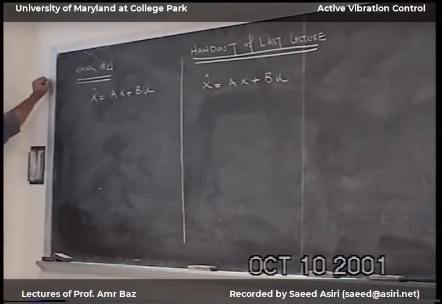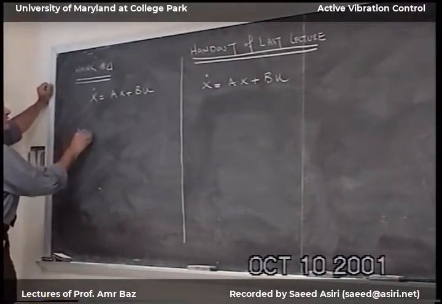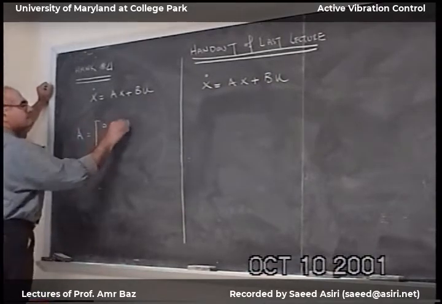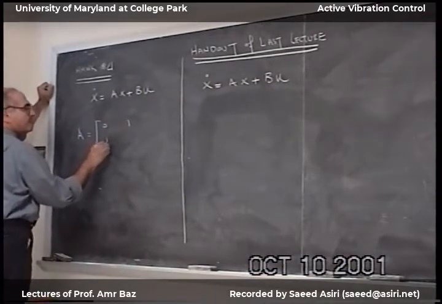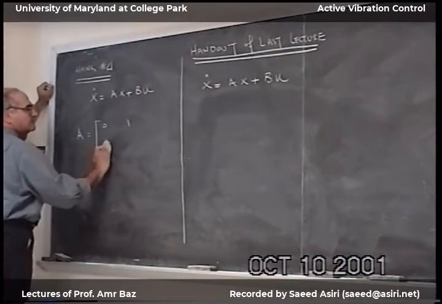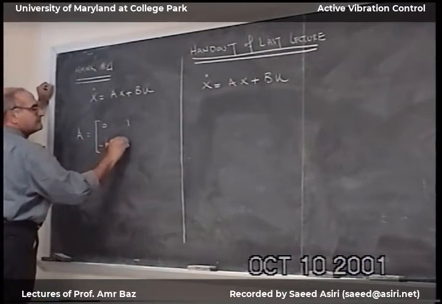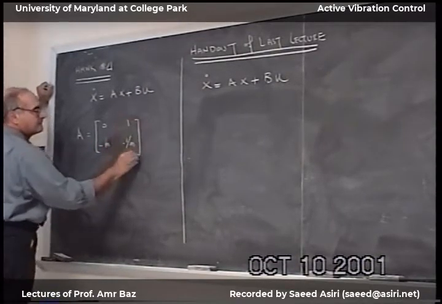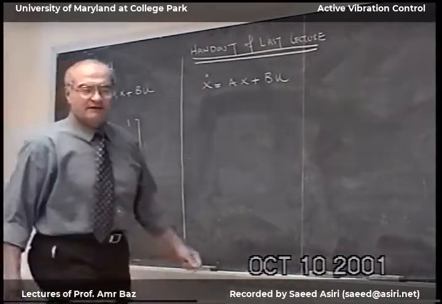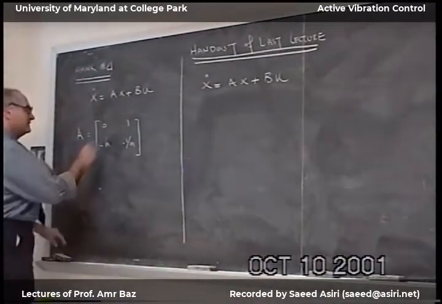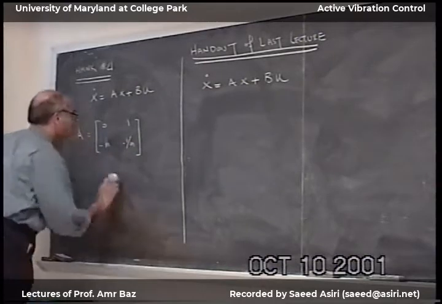In the homework, we said the A looks like this, minus 1 over m here.